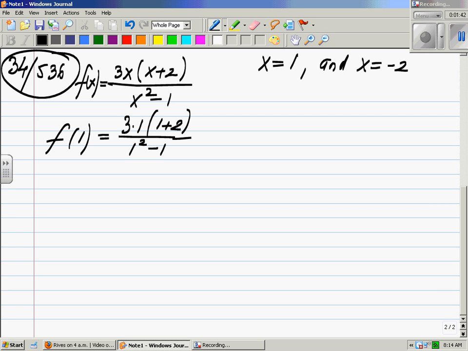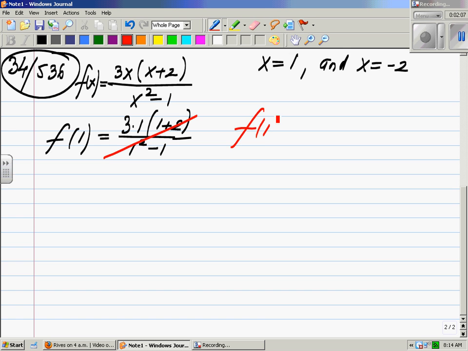Before finding the numerator, let's look at the bottom. I have 1 minus 1. It's going to be 0, which means this one is undefined, right? Because I cannot have a denominator of 0.